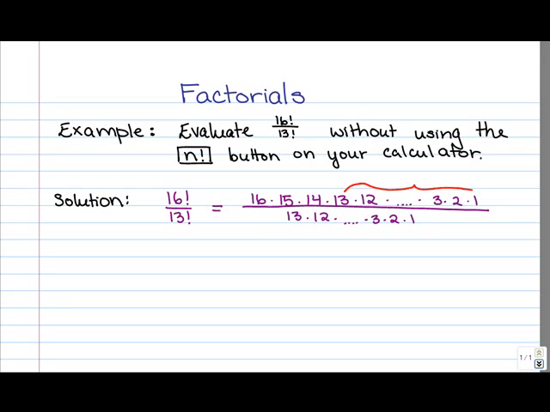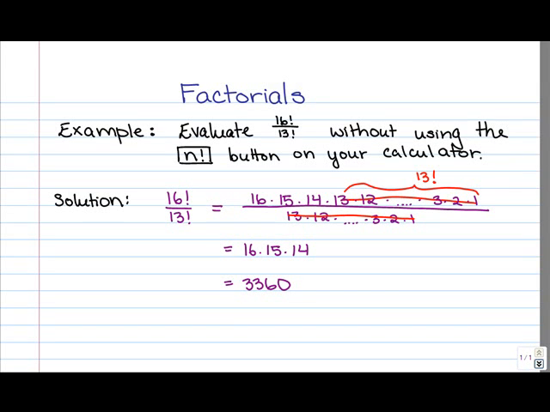So once you hit the point where you've got 13 times all the numbers below it, that is just 13 factorial, and that cancels with the denominator. So again, what we find is that the 13 factorial in the numerator cancels with the 13 factorial in the denominator, and what we end up with is simply 16 times 15 times 14, which we can now work out on a calculator, and this works out to 3,360. And now we're done the problem.